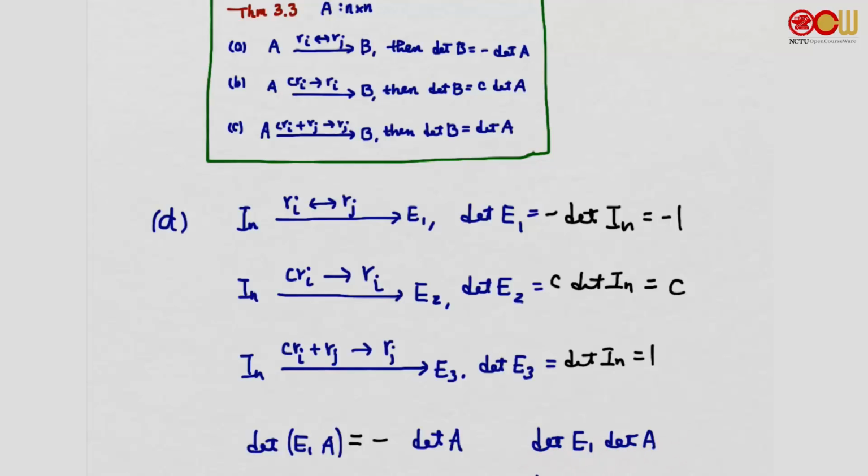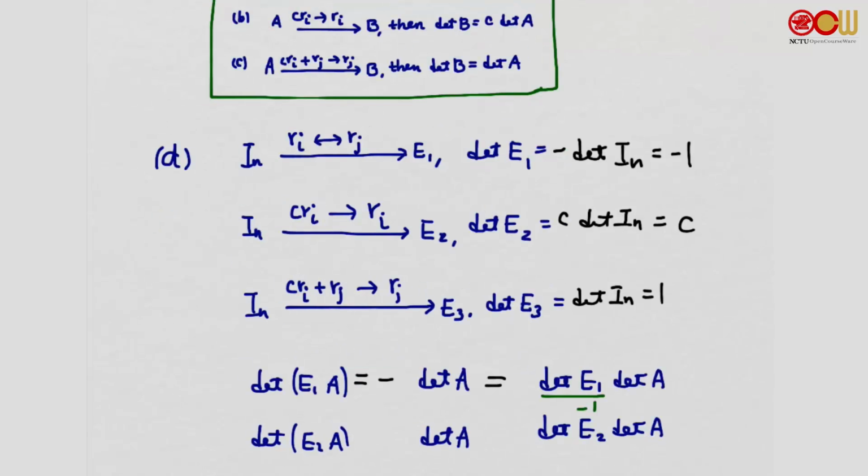We already know determinant E1 is equal to minus 1. So for the first type of elementary row operation, determinant E1A is equal to determinant E1 times determinant A. The determinant of the product is the same as the product of the determinants if the type of elementary row operation is the row interchange.